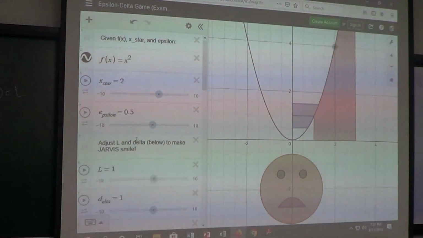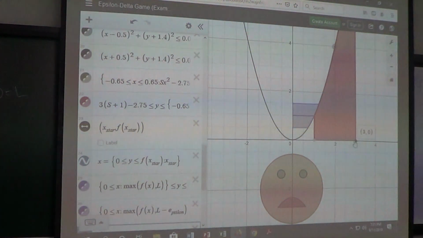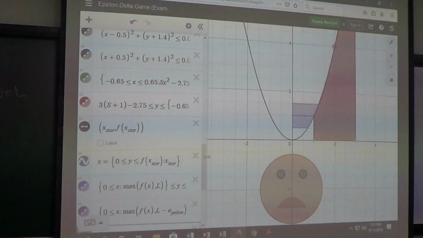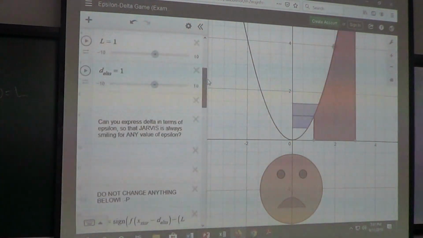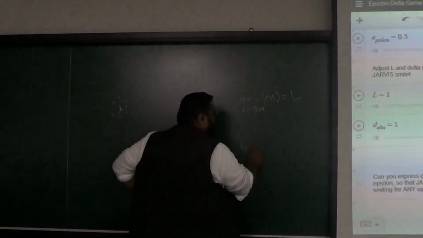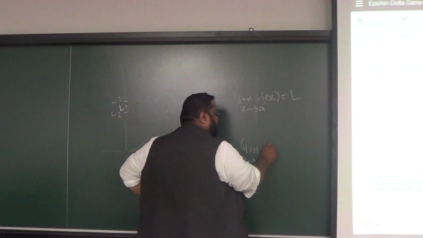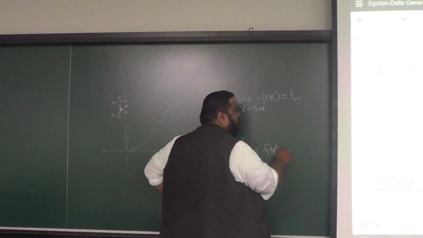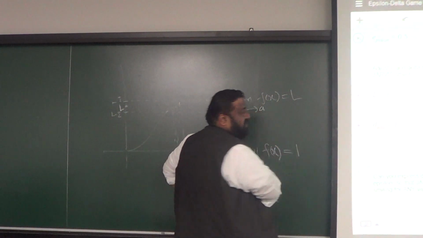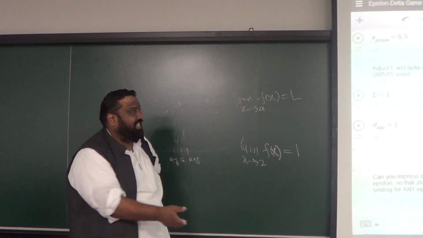Let's see whether we can find it or not. What we can do is bring these points together. So currently this situation is telling you whether the limit as x goes to 2 of f of x equals 1, and the answer is no, and I can see it.